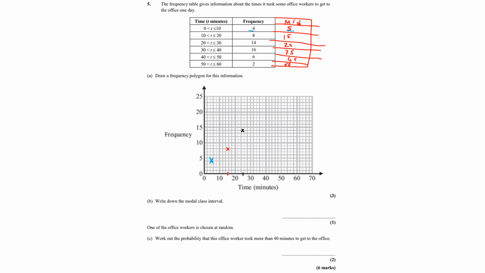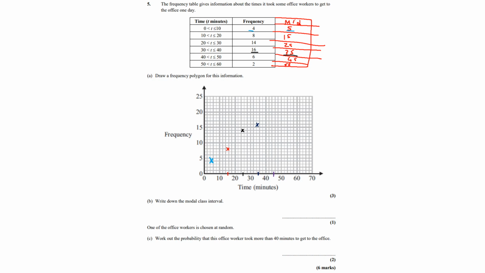So now let's plot the next point, which is 35, 16. 35 is here. And 16 is, wait for it, there. Okay. The next point, 45, 6. So let's go to 45, which is here.